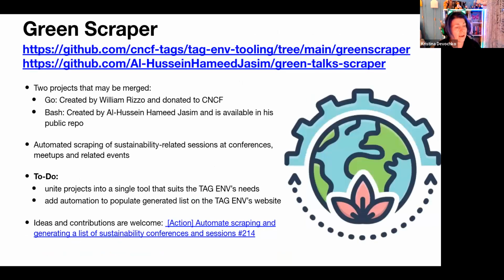And Greenscraper is a different project that at least the communications working group is following and collaborating and communicating with those contributors who are interested in creating and finalizing this project. It was created out of the idea that we see that more and more events have sustainability related sessions, or maybe even separate tracks dedicated to the topic of sustainability.